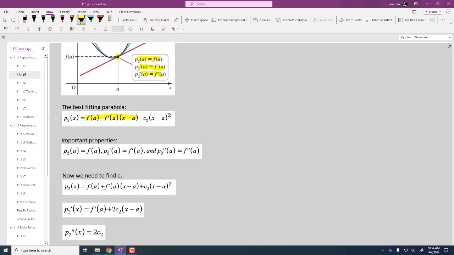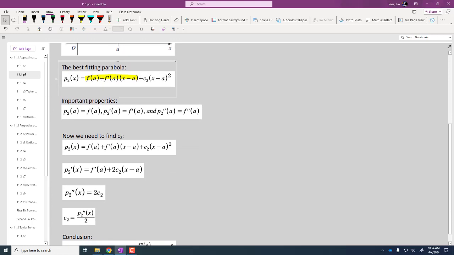Now, so the c sub 2 is what we're trying to find. If this is going to be our quadratic term, we don't know what the coefficient should be yet, but we know that it has to have an (x minus a) squared. So now let's take a derivative. So we know that we want three things to match: value, slope, and concavity. We want those to match.